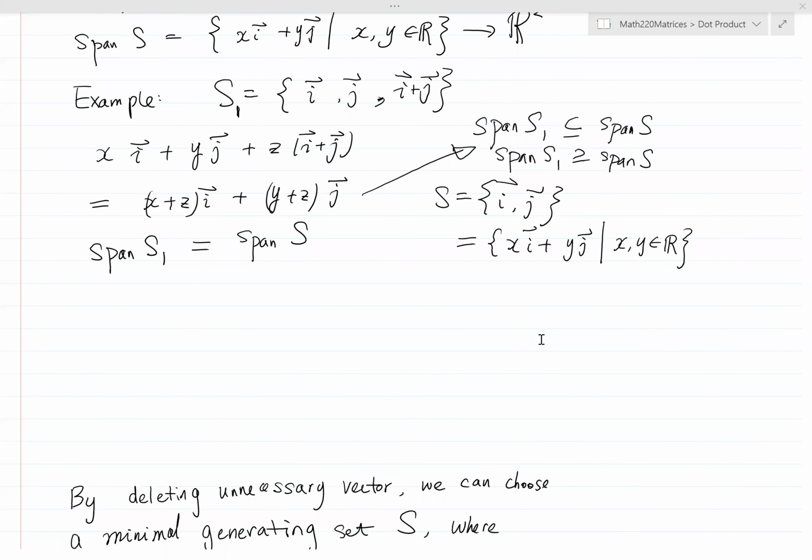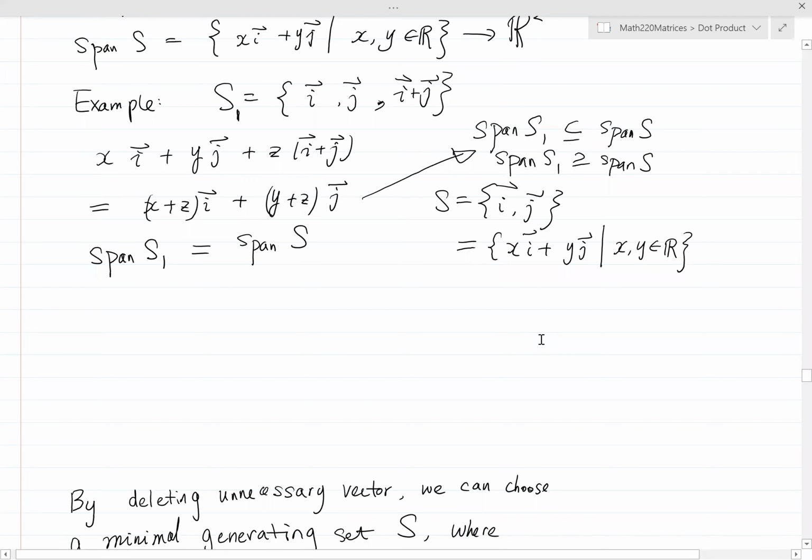Now we define linearly independent vectors. Suppose we have a set of vectors.